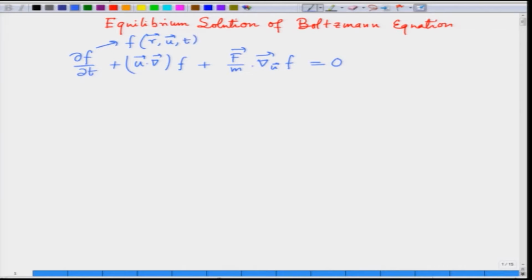The equation should look like del f del t plus u dot nabla of f plus F by m dot nabla in the velocity space of f.